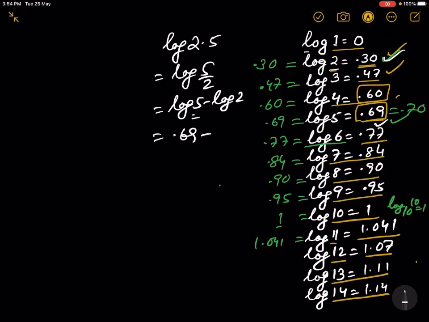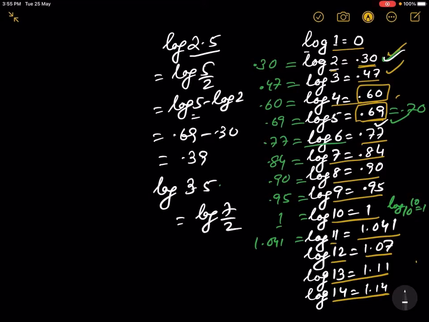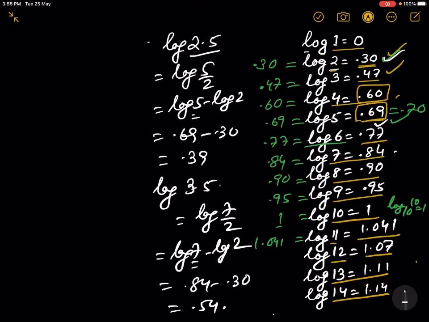Then log 3.5 is equal to log 7 by 2, which is equal to log 7 minus log 2. The value of log 7 is 0.84 and log 2 is 0.30, and it is found to be 0.54. So we can write 0.39 is equal to log 2.5. Then 0.54 is equal to log 3.5, and draw the other part of this derivation.